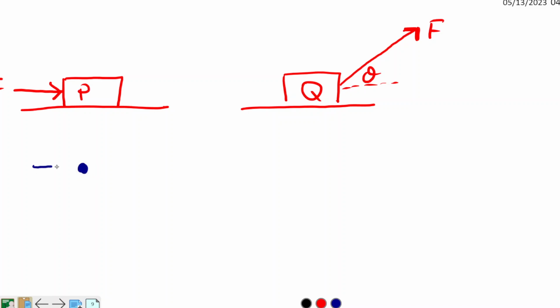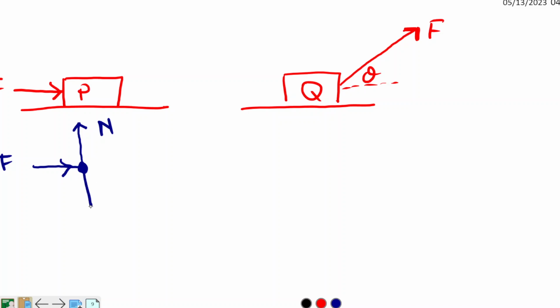Here there is a force, and this is the normal force of the surface on the block. Let me just do F and N because I'm only going to need these two.